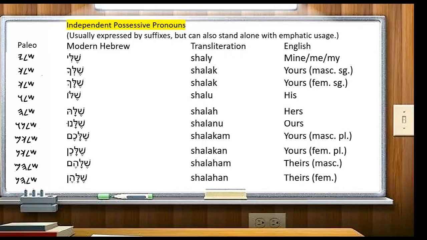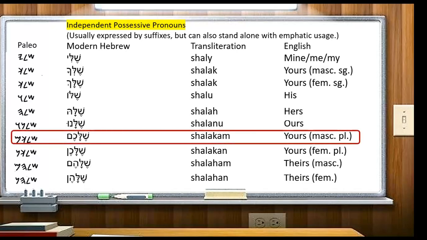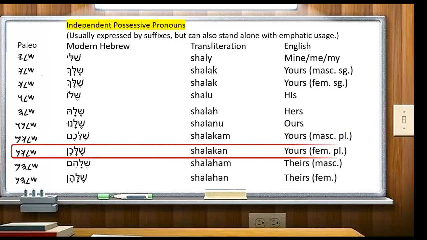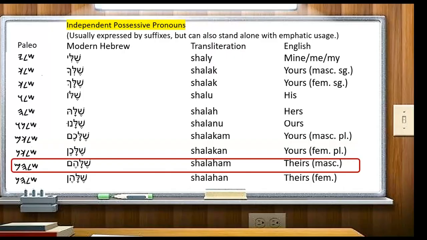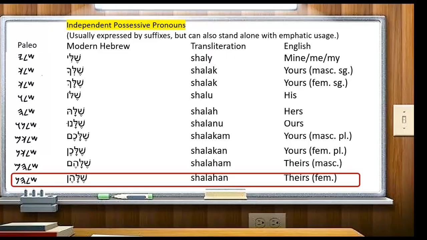So for a group, when you're saying yours, as in a group of individuals, you have shalakam and shalakan. Then we get to theirs. We have shalaham and shalahan for theirs.